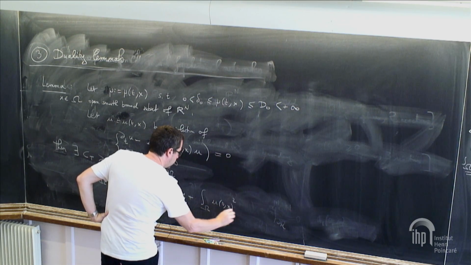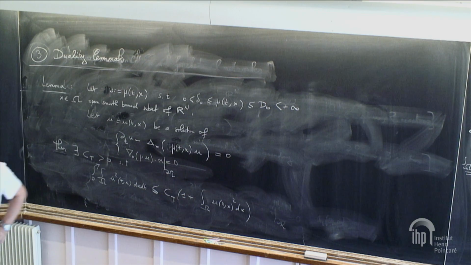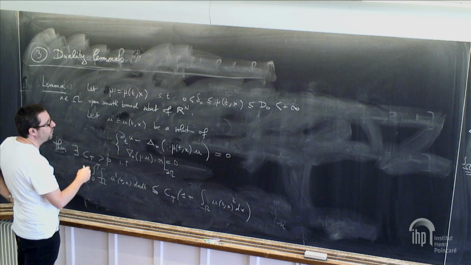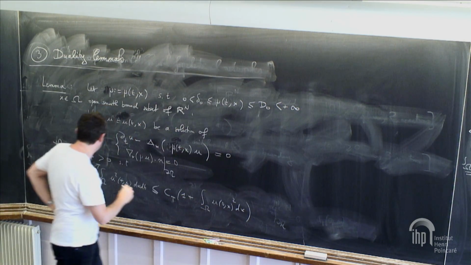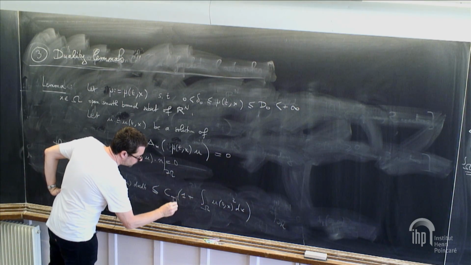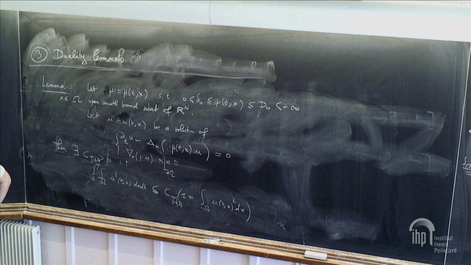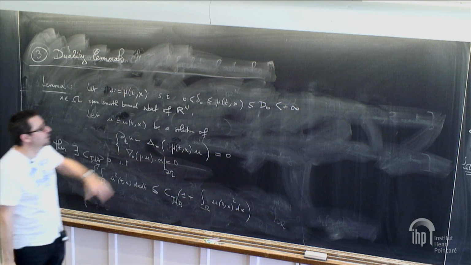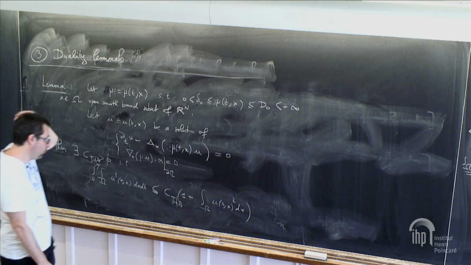So the L2 norm of u at time 0 to the square. And Ct actually depends only on delta 0 and d0. So maybe we can write it this way. Okay. It does not depend on mu except through the upper and lower bound of mu.